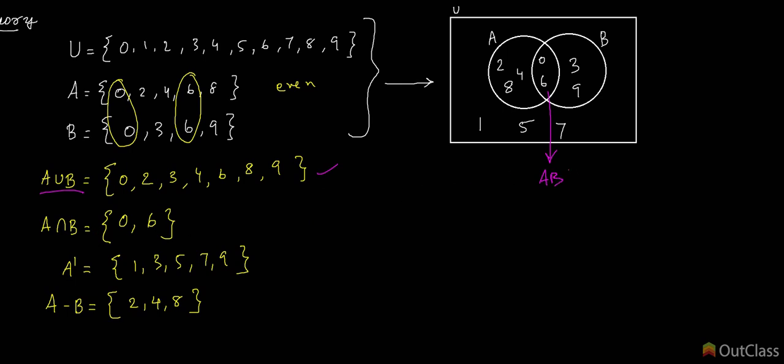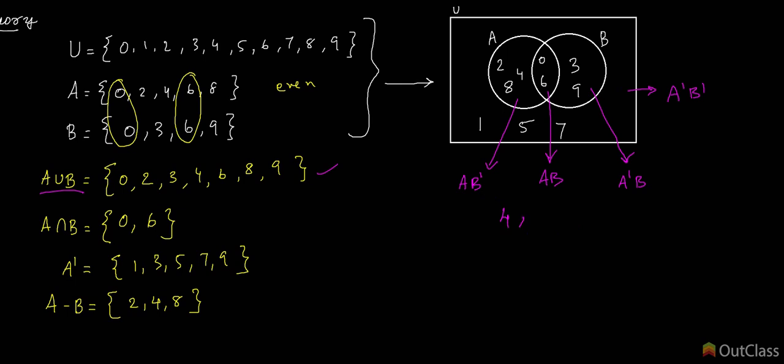It is understood that it is A intersection B. This region, which we said was A minus B, we can also represent as A intersection B complement, because it is inside A. It is the common region of A and the complement of B. Inside A and inside B complement, which is the same as inside A and outside B. This portion right here is A complement B, and this portion right here is A complement B complement.